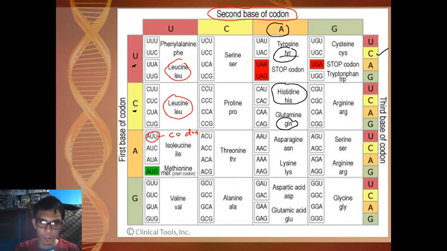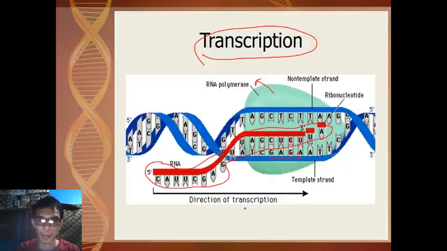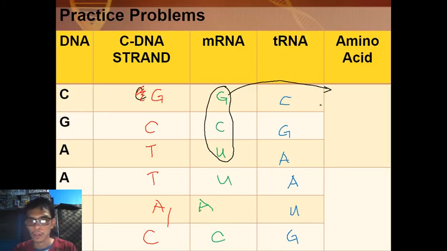There you go. First letter G, C on this lane, C, U. So GCU is alanine. So let's write this amino acid there. So we have A, L, A. Alright, so next one, UAC.